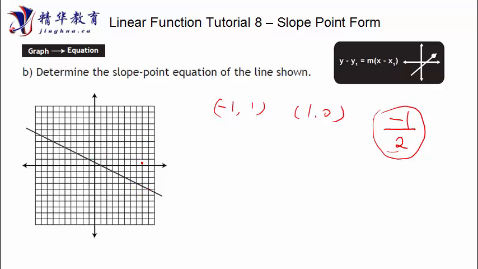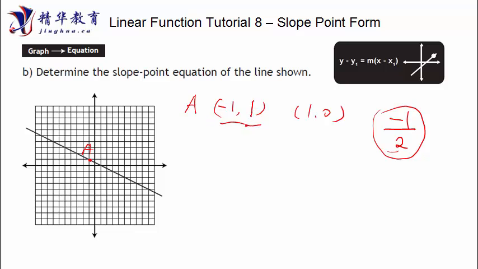Then slope point form comes in handy. Why? Because I know this point is negative 1 and positive 1. We say this is point A, equal to (-1, 1).